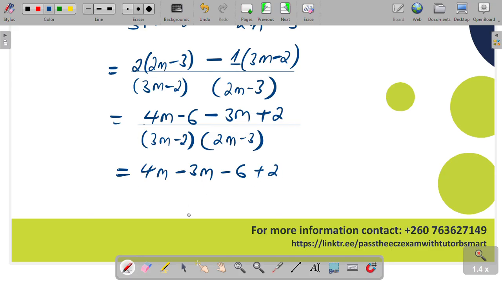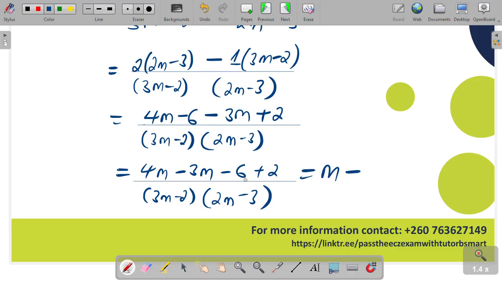Hope you're following. I'll bring my straight line down, and bring our denominators the way they are. Now our final answer: 4m minus 3m is equal to m.